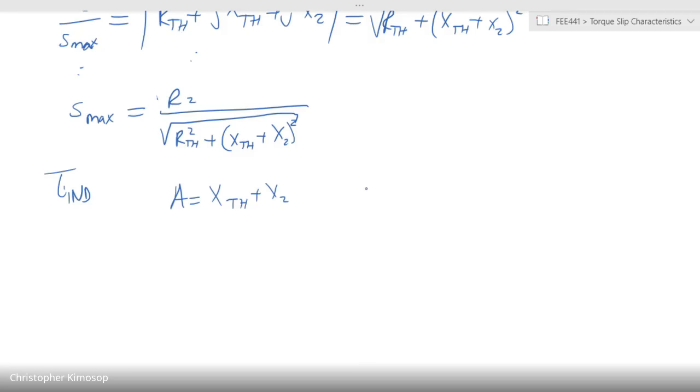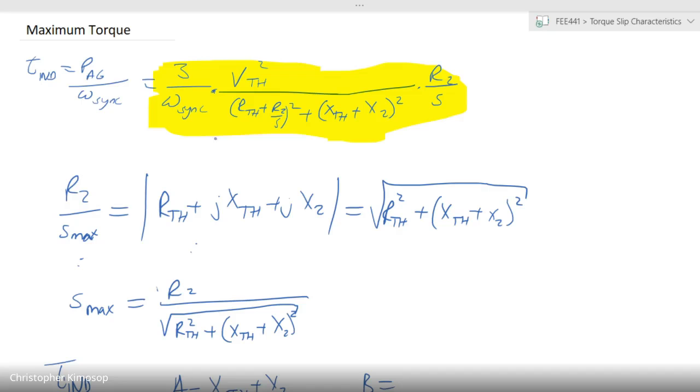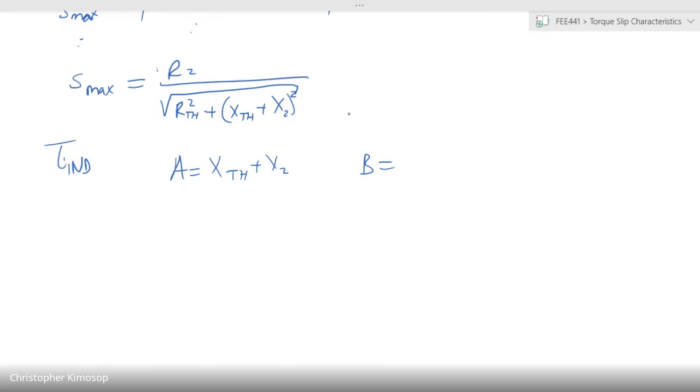And let B equal 3 V Thevenin squared over omega sync.